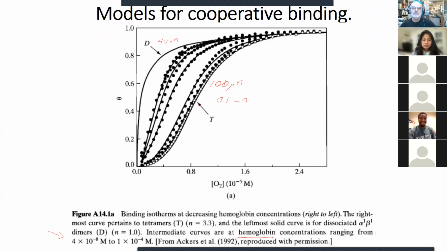Okay, and so what it's showing is that if you lower the concentration and you do the binding curve, the curve shifts from cooperative to non-cooperative. What this means is that tetramers are cooperative, dimers are non-cooperative. Remember I said they rotate relative to one another. Well, when they're free dimers, they are not contacting anything.